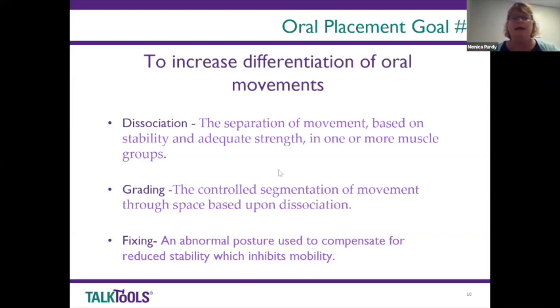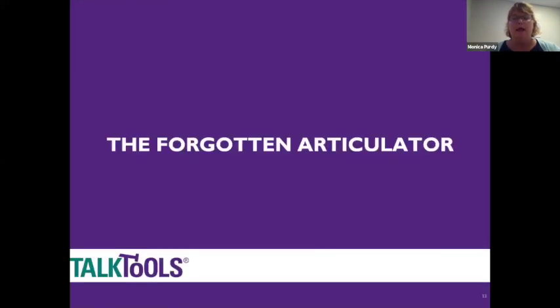All right, our next goal is to say a little bit about the Forgotten Articulator. I thought it was important to put this in here because a lot of times when I ask therapists, what are the 3 primary articulators, I oftentimes will get lips, tongue, and teeth.